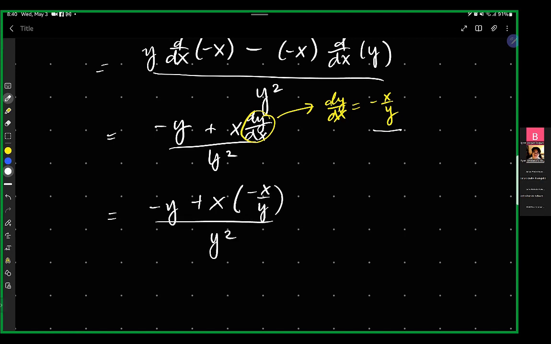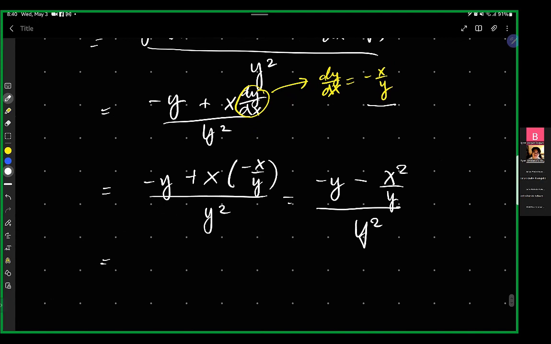And then simplifying further, we find that this is negative y minus x squared over y squared. And then, a simple algebra will give you negative 1 over y plus x squared over y cubed. Okay, so this is your second derivative.